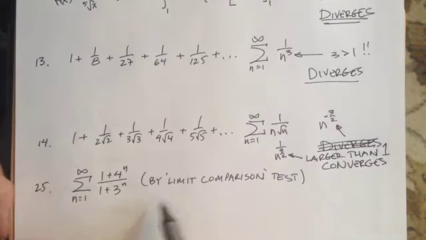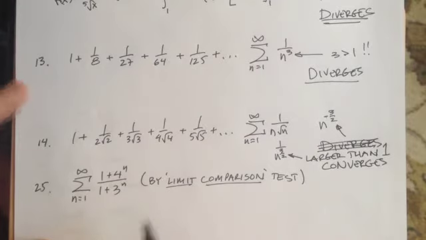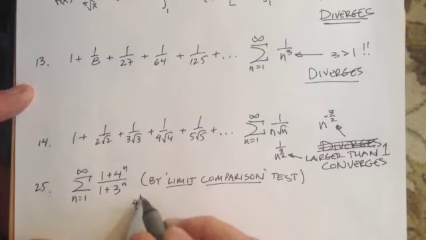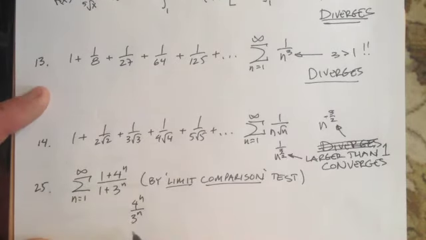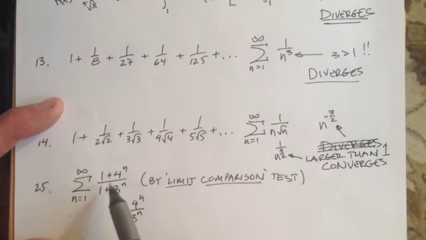This one we're asked to do in 25 by the limit comparison test. And what that means is we have a real sense of intuition that this is very, very close to 4 to the n over 3 to the n. By comparing it to this, I can see if there's a constant, then something that we know converges or diverges, and the comparison test links it to that, so this one will converge or diverge if that one converges or diverges.